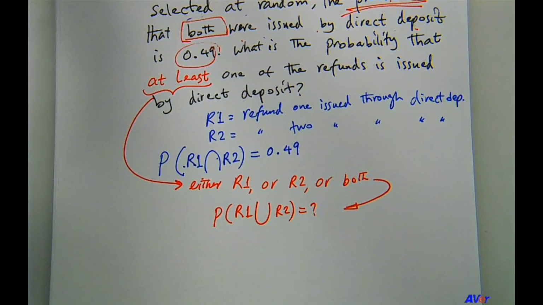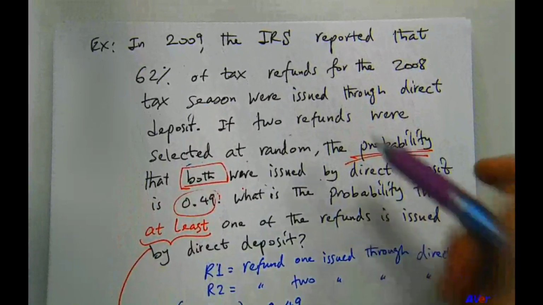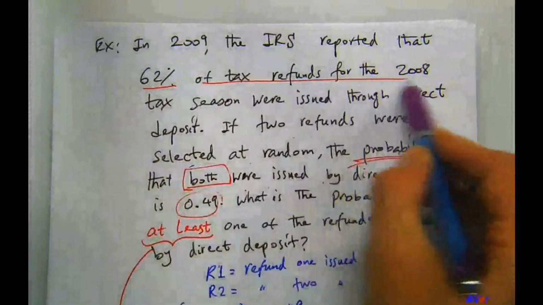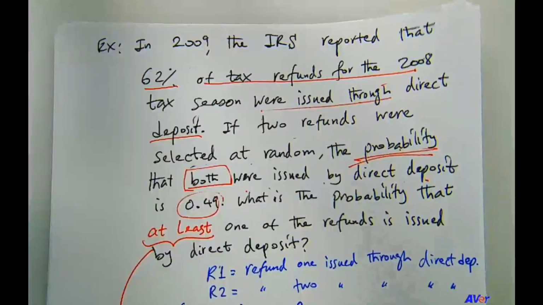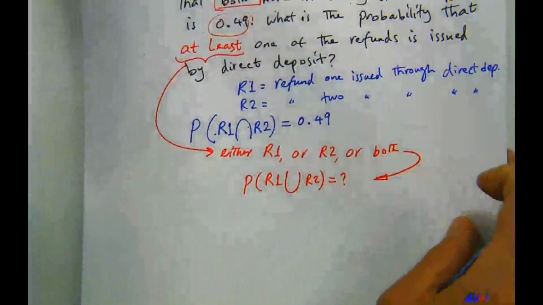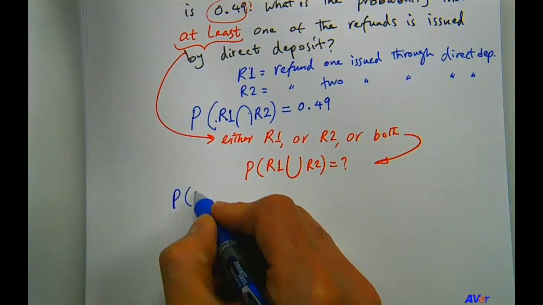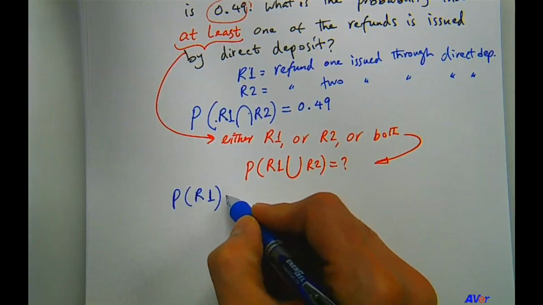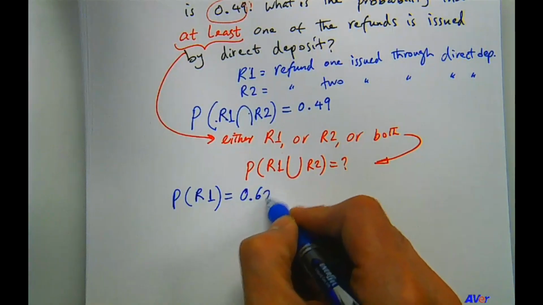Okay? One thing that we haven't yet translated into mathematical terms is that first sentence that said the IRS reported that 62% of tax refunds for this season were issued through direct deposit. So we need to give life to that in mathematical terms. The probability of refund 1 having been issued through direct deposit is 0.62.